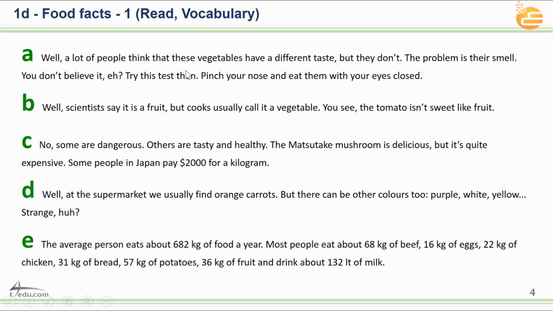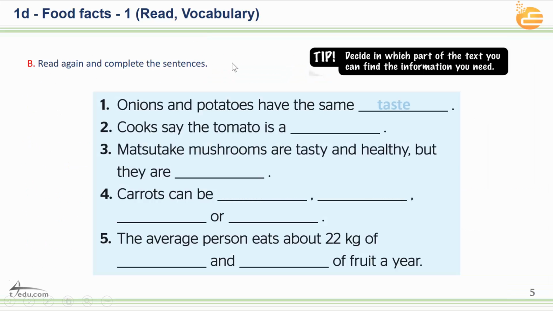A lot of people think that these vegetables have a different taste, but they don't. Exactly. So this is the answer for question number one. Let's put number one because it relates to sentence number one. Can you see it? Onions and potatoes have the same taste.